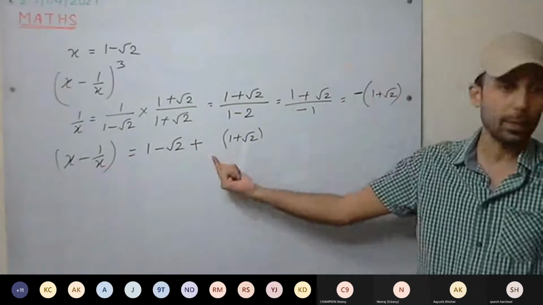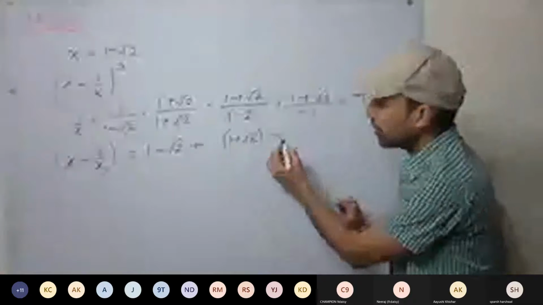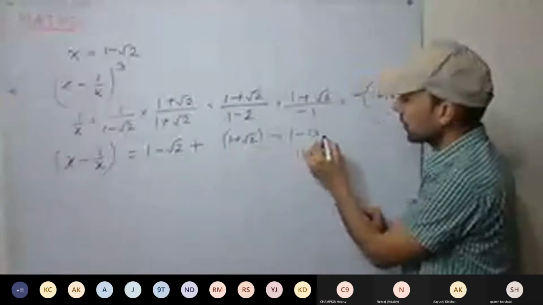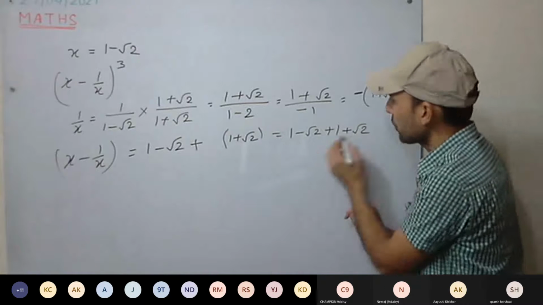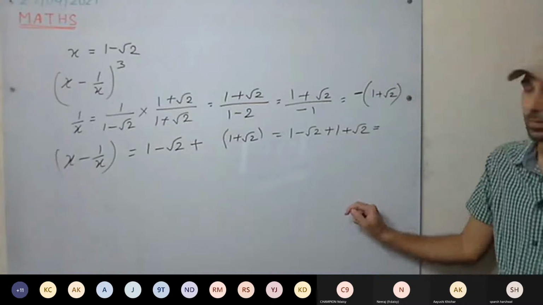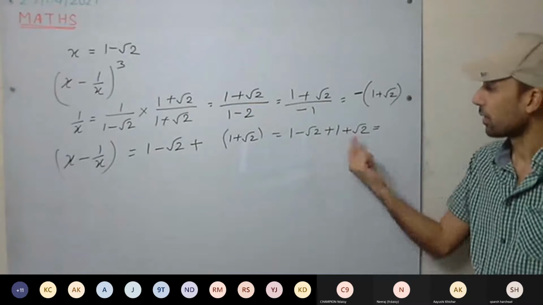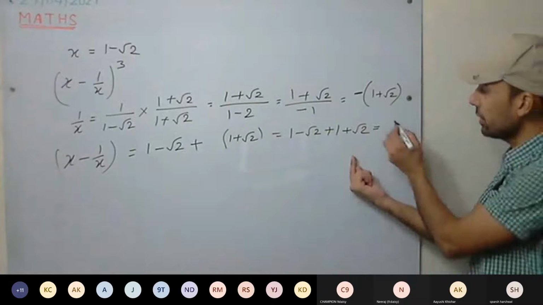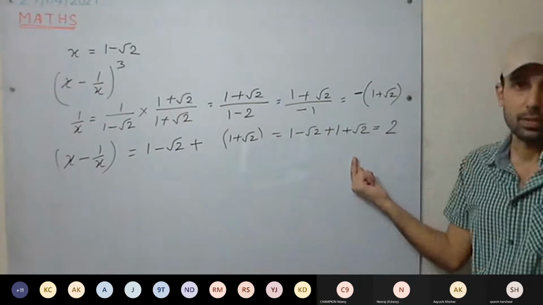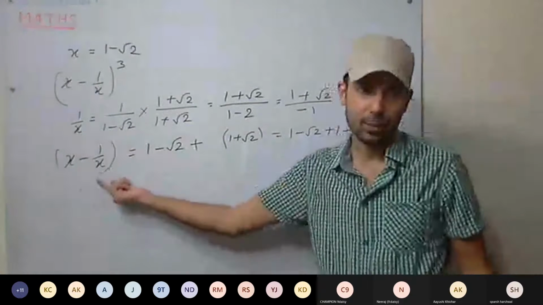It will be how much? 1 minus root 2 plus 1 plus root 2. How much are we getting? Root 2 minus root 2 is 0. 1 plus 1, 2. We have calculated x minus 1 upon x.